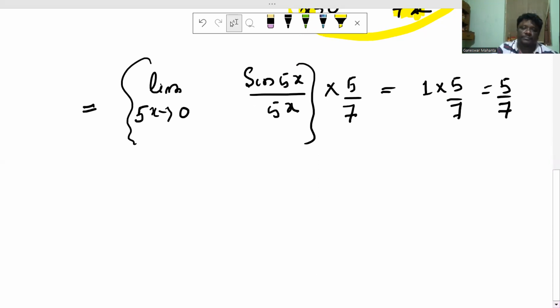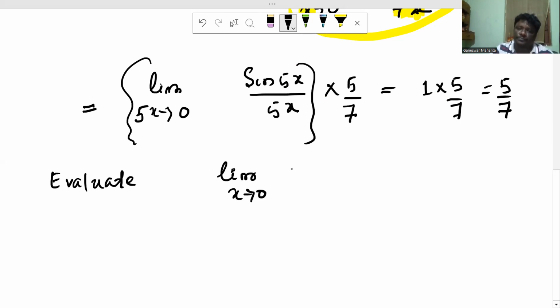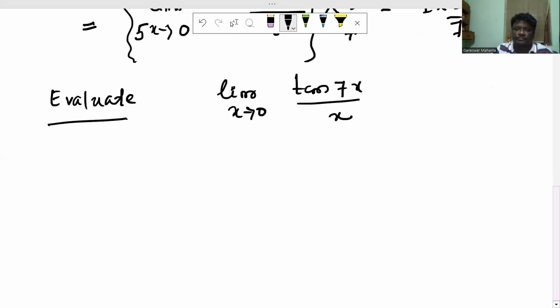Again, another example. Evaluate limit x tends to 0, tan 7x divided by x. Same procedure you have to apply here. Just see here, 7x is present here, so this is also required to be 7x.